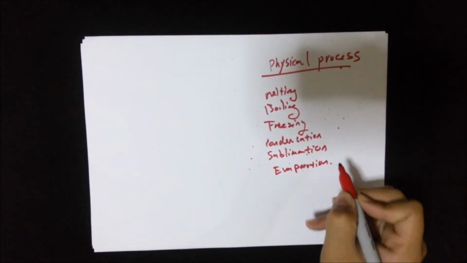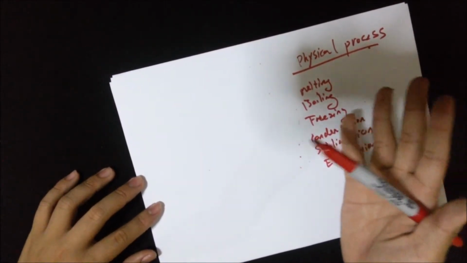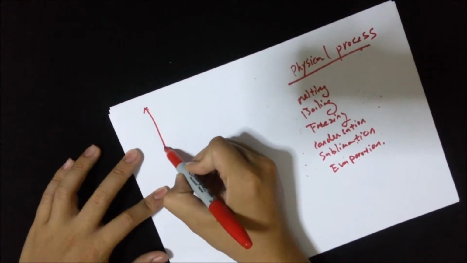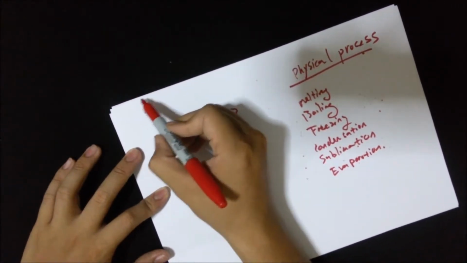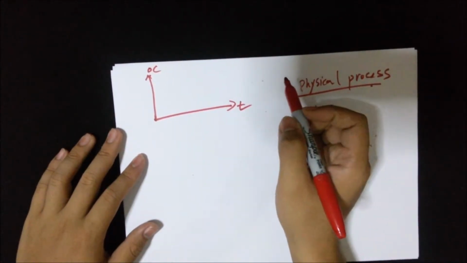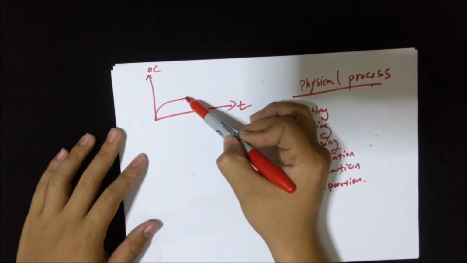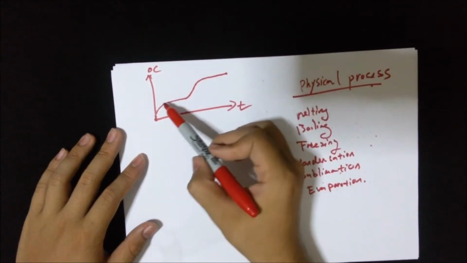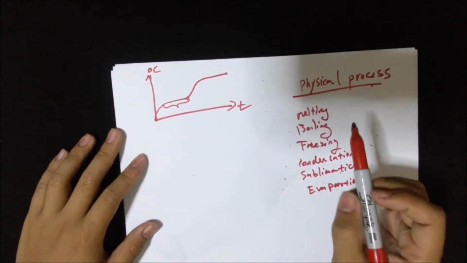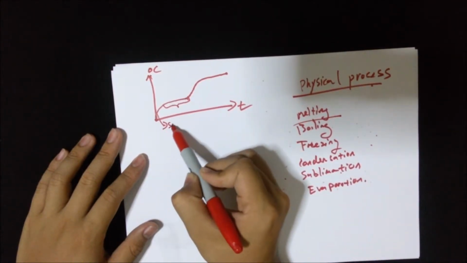So I will explain individually how you actually describe them in words, but before that you must know how to actually draw the graph, the temperature time graph for all this process. So this is degrees, this is time. So let's say for example I'm drawing something like this. This period is whereby it will undergo the process of melting, whereby at here it will be in solid.